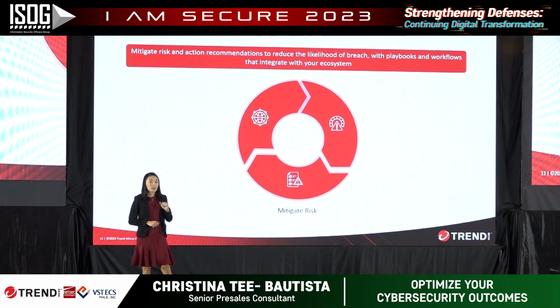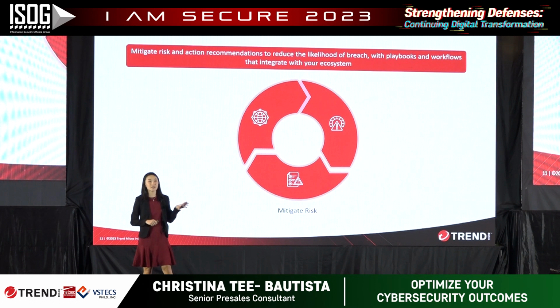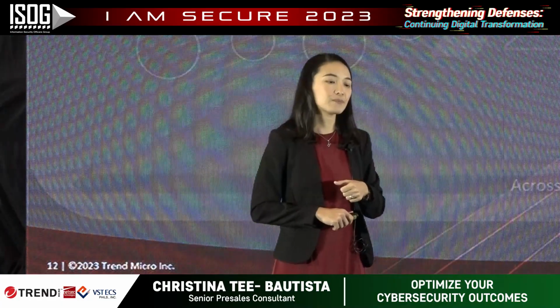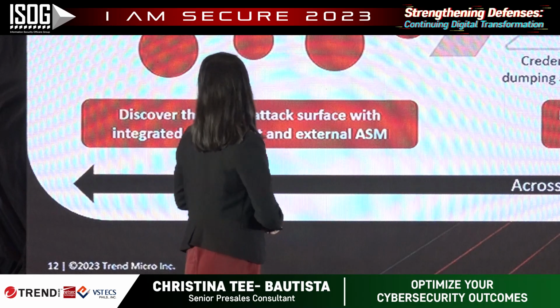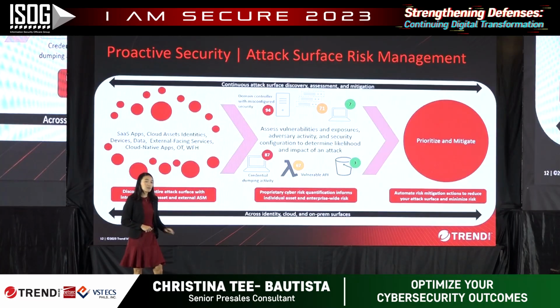So again, the attack surface risk management revolves on these 3 key steps: discover, assess, and prioritize, and of course, lastly, is risk mitigation. Now, with proactive security and the attack surface risk management, so again, the first part, discover your whole attack surface.